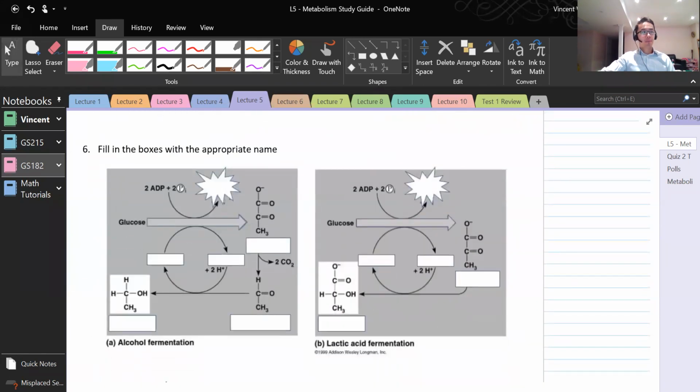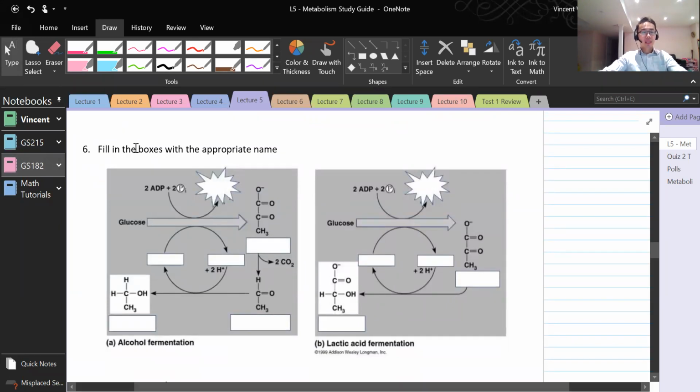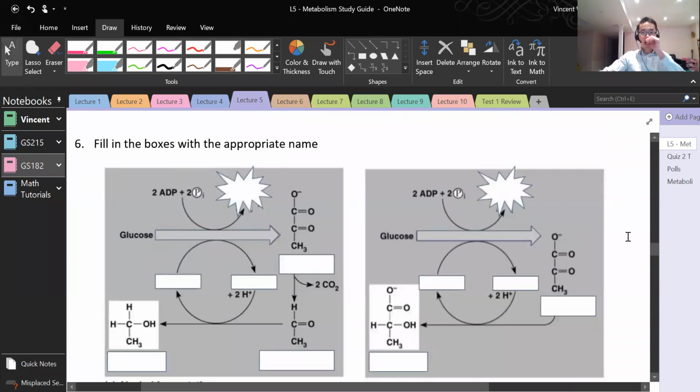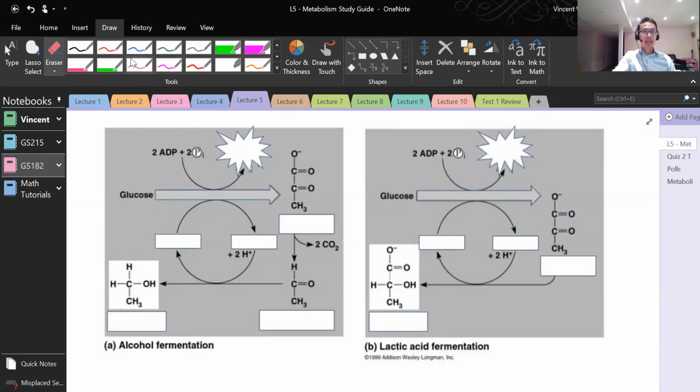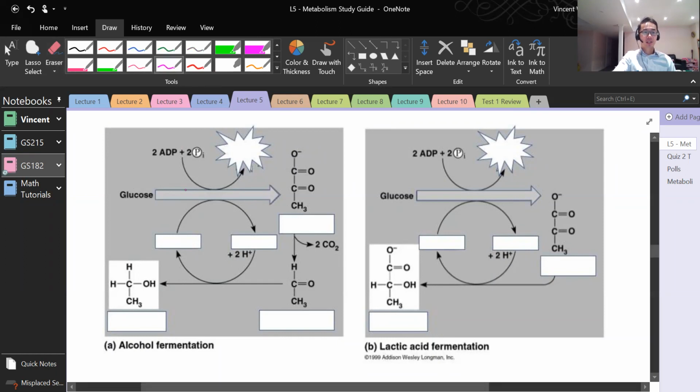Let's fill in the chart here, the diagram here. Okay, so on the left, we have the alcoholic fermentation, alcohol fermentation, or ethanol fermentation. And we'll go through the glycolysis process again. So we have the glucose here, and this is glycolysis.